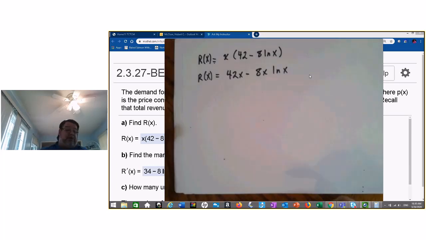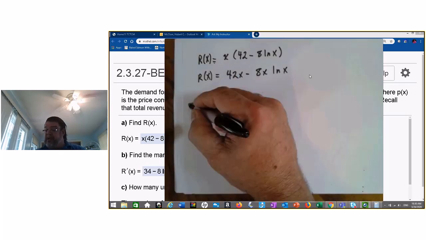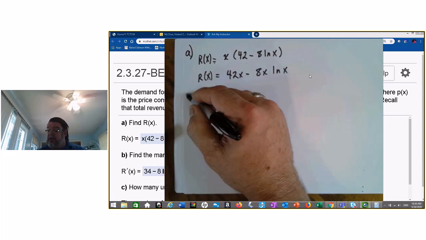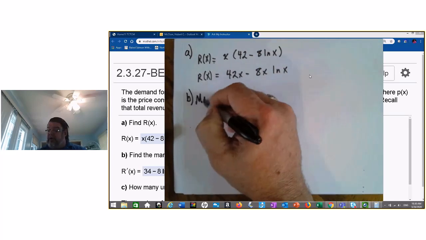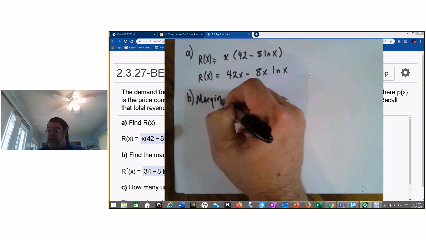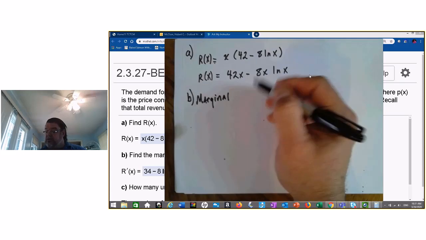And of course, they're going to ask you to find R prime of X, and that's called the marginal revenue. So the marginal revenue, that's B. This is something y'all need to write down because y'all are business majors.